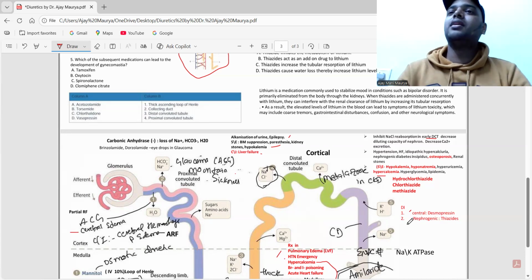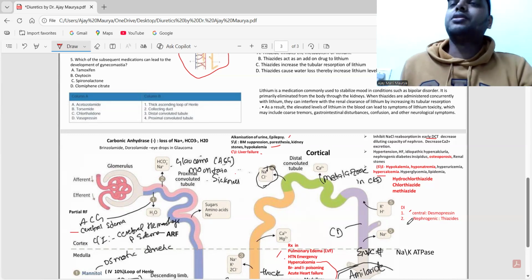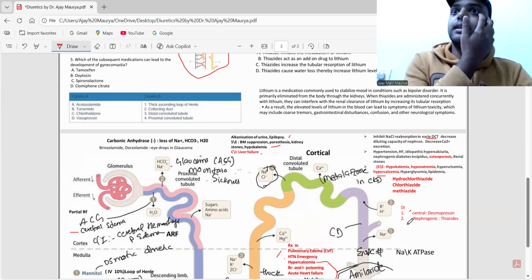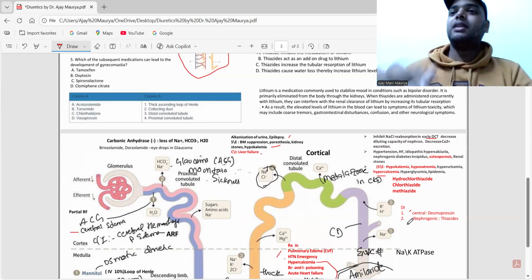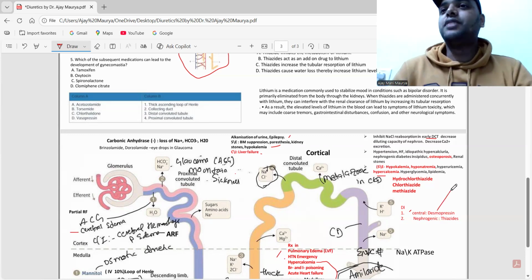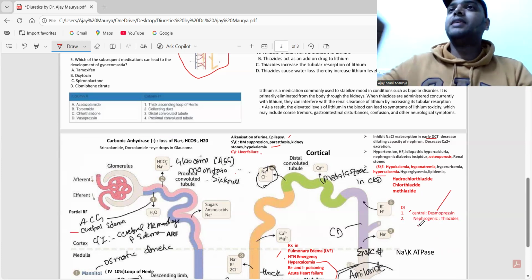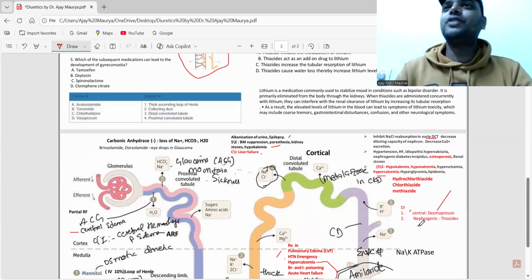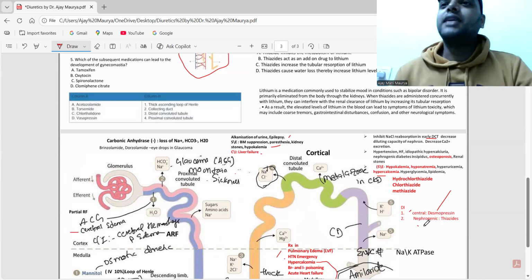Central means ADH is not produced, so you have to give the ADH hormone, vasopressin. The best one is desmopressin for the central type. Nephrogenic means ADH is there, but it is not utilized in the proper way. That is nephrogenic, so the drug of choice is the thiazides.